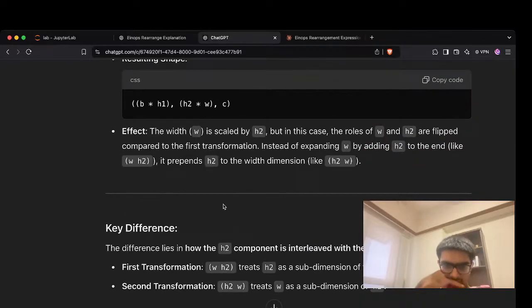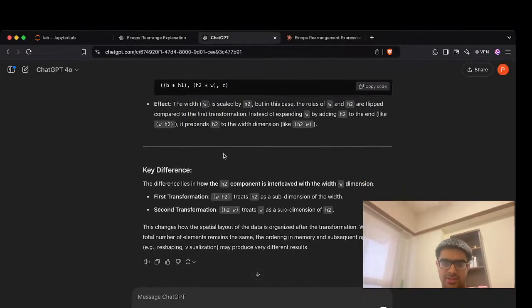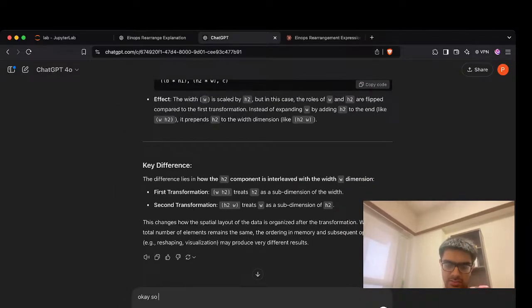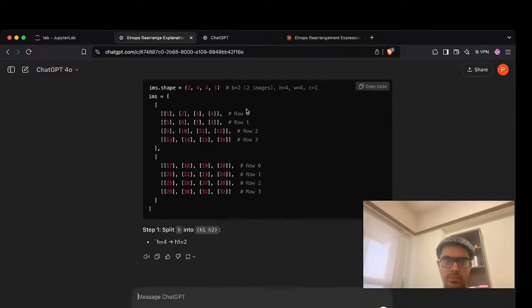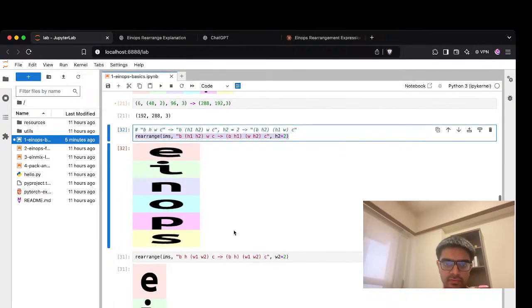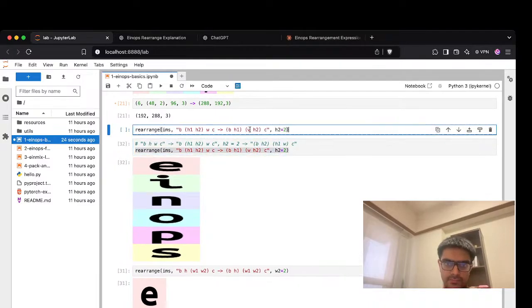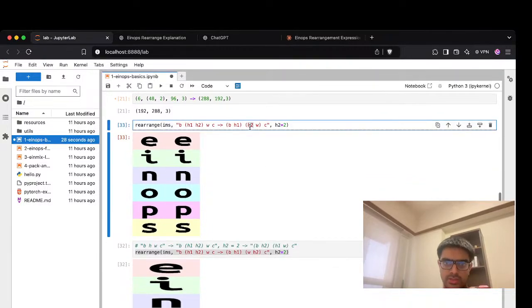Key difference: it treats H2 as a sub-dimension of the width. Okay. Oh, it's interesting. This is a fact I didn't realize. H2 W. Okay.